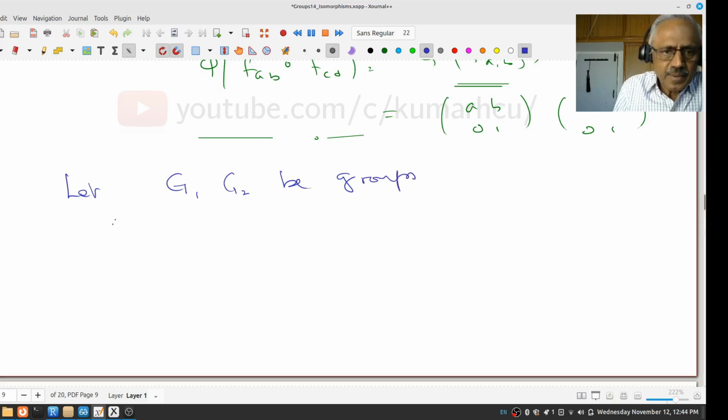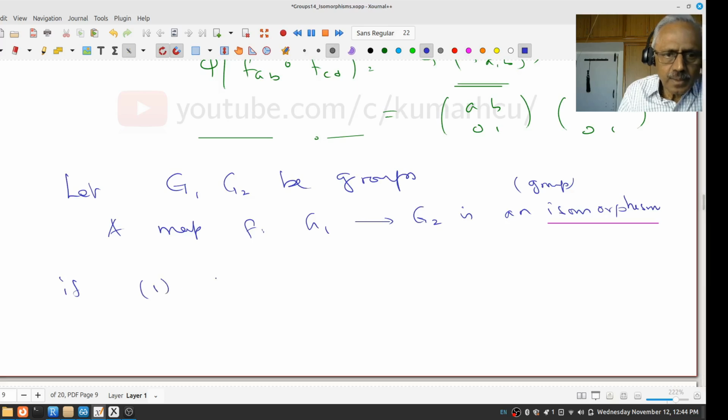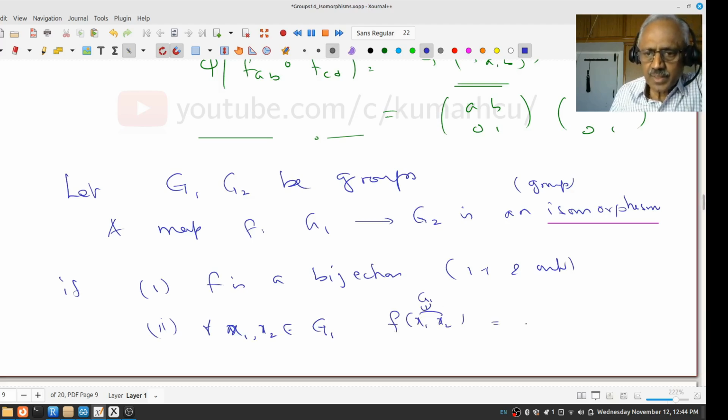A map f from G1 to G2 is an isomorphism, or group isomorphism if you want, if one, f is a bijection, that is one-one and onto, and two, for every x1, x2 in G1, f of x1 x2 makes sense because this is an element in G1, and therefore this should map to some element here.